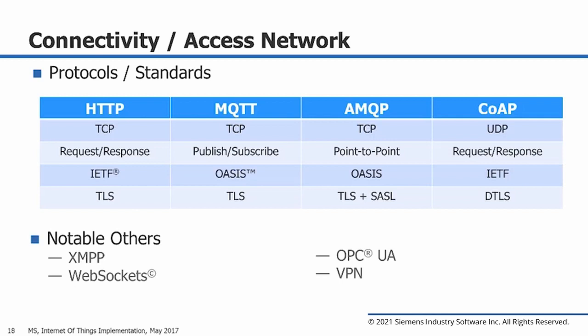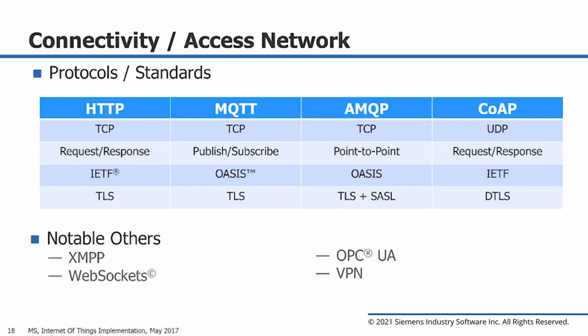MQTT is a publish-subscribe lightweight messaging protocol for small sensors and is optimized for high latency or unreliable networks. Initial specification for this protocol came from IBM. AMQP is a protocol that came from the financial industry and the corporate world, and it's very well known within web services or the web technology world. CoAP is a web transfer protocol much like HTTP for use with constrained nodes and constrained networks.